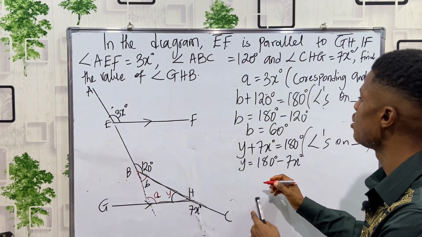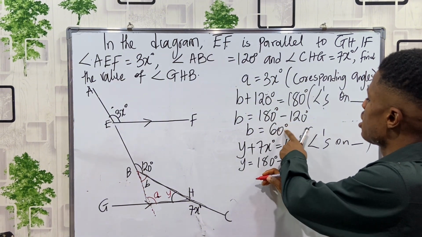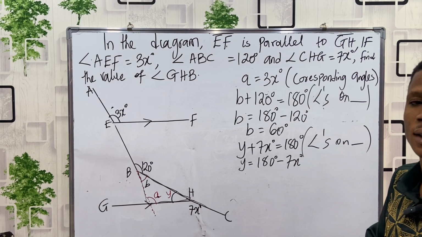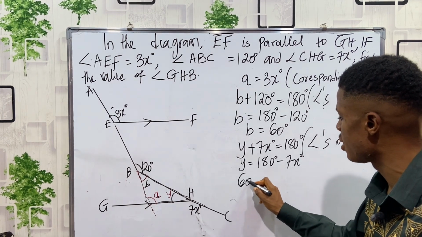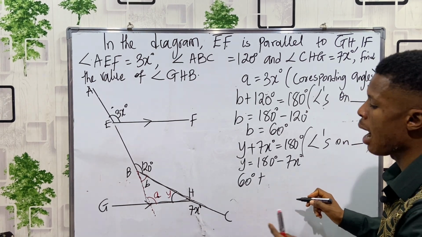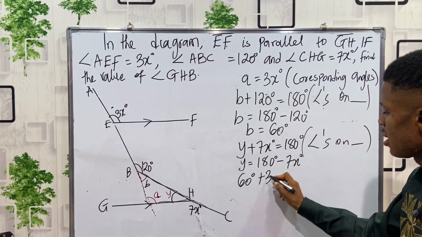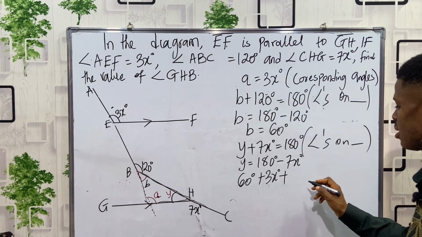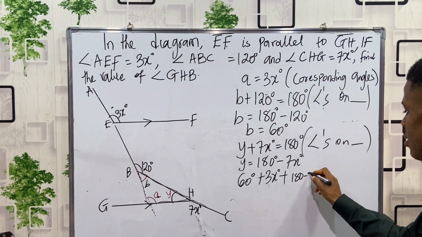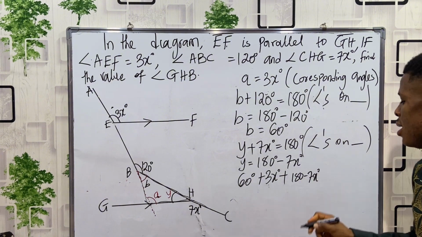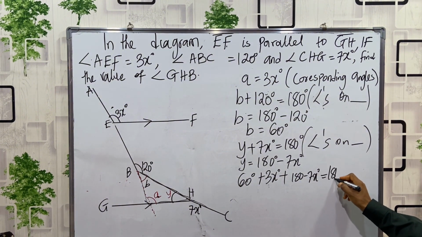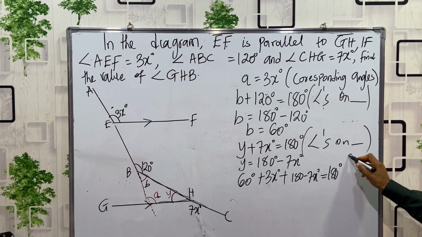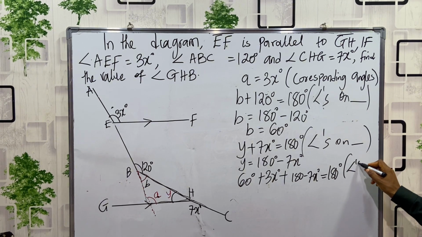So when we add B, which is 60 degrees, to our A, which is 3x degrees, and our Y, which is 180 minus 7x degrees, it is equal to 180 degrees, because these are angles in a triangle. This is the sum of angles in a triangle.